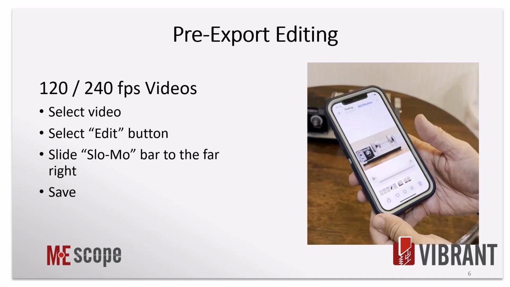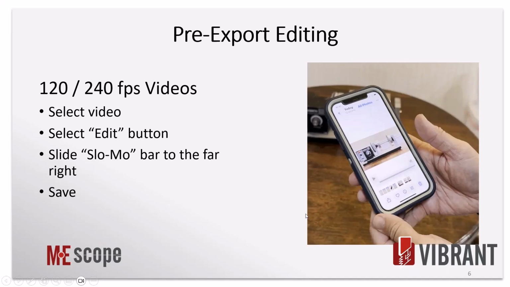Obviously the higher frame rate allows it to have smooth playback, and so they take advantage of that by making it something that's just built in for the viewers. We actually want to get rid of that and just have a true straightforward playing 120 frames per second or 240 frames per second.